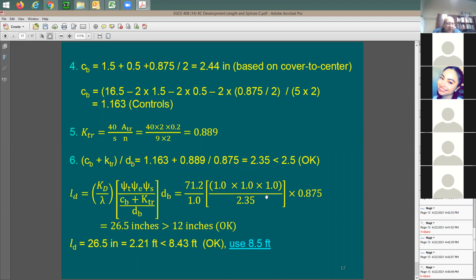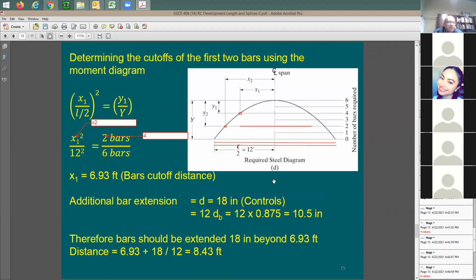So the conclusion here, or what I'm trying to drag your attention to, is that the calculation of L sub D is measured from this point, right? And the actual development length provided is going to be this length, which means 8.43 or 8.5 feet, because no one's going to build it as 8.43.